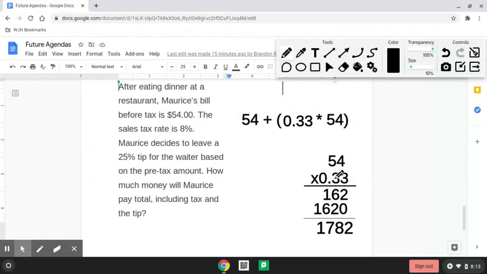Since there's two numbers behind the decimal point in the question, there must be two numbers behind it in the answer. So 17.82 is 33% of 54.